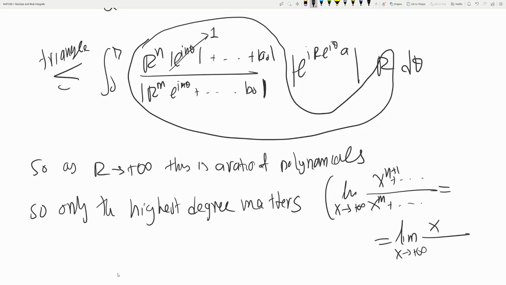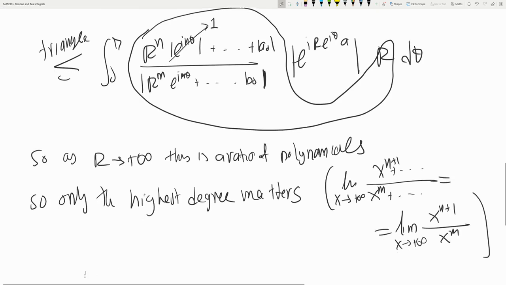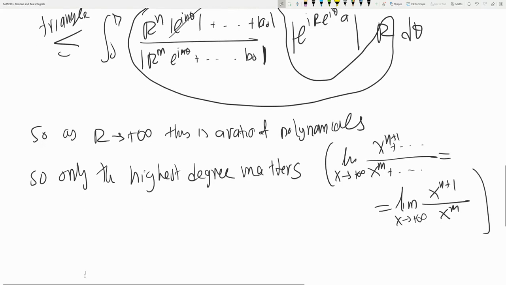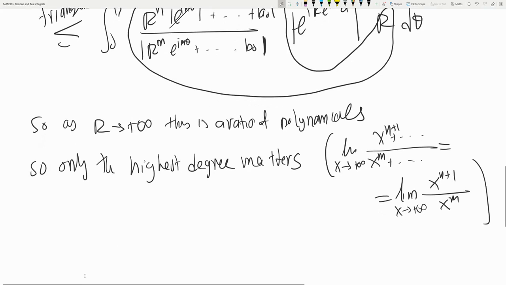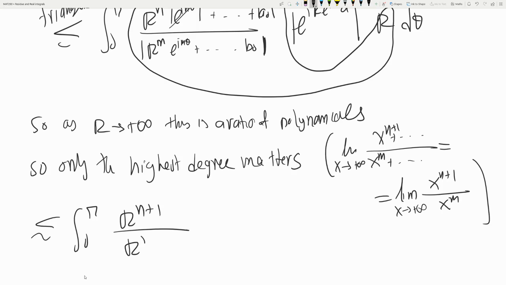This becomes x to the n plus 1 over x to the m. So in the limit, what dominates are the highest order terms, R to the n plus 1 and then R to the m.